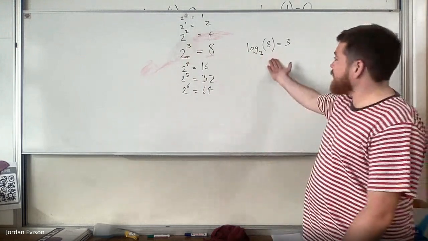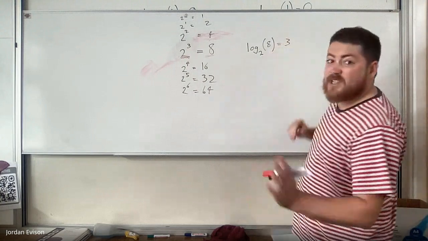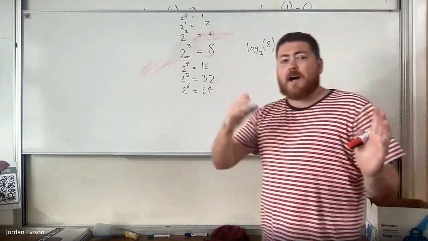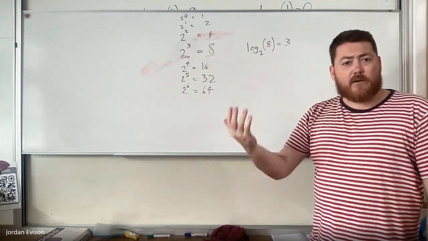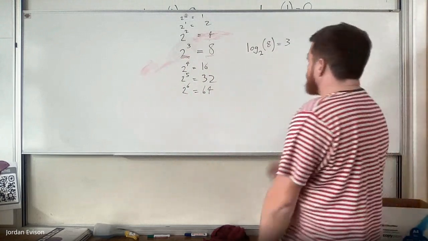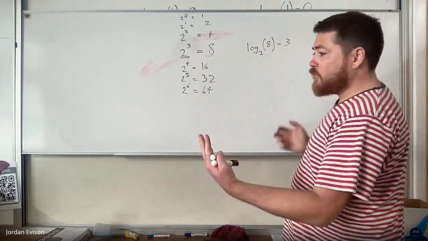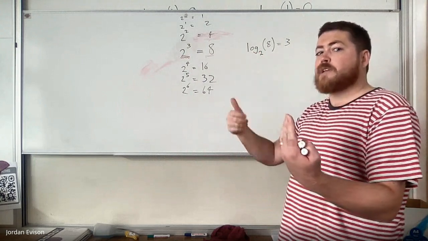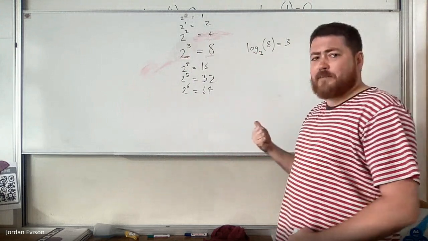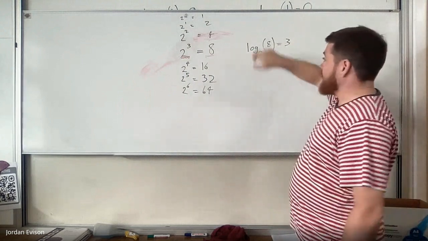So what this is actually saying is if I have an exponent equation to base 2, and it ends up at the number 8, how many increments have we gone through? What was the power of that equation? So log base 2 of 8 equals 3 means if I have 2 and I raise that to the power of something and it equals 8, what was that something? Right? So 2 to the power of 3 gives us 8.